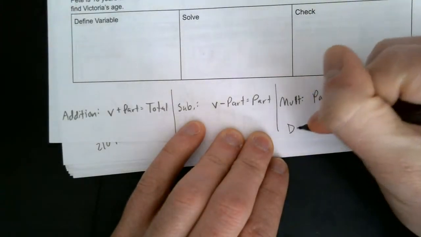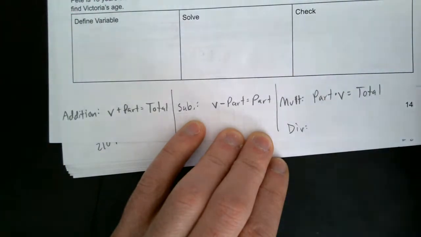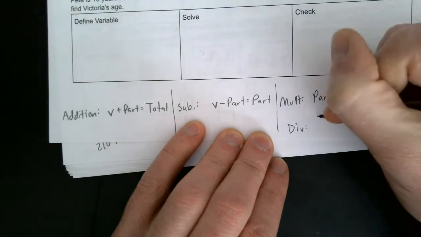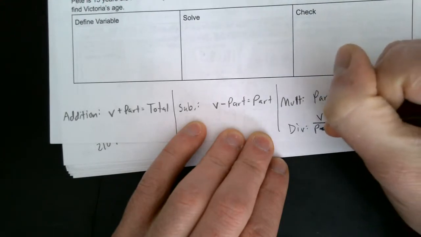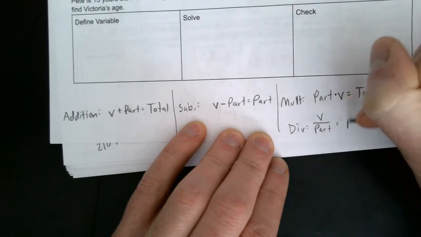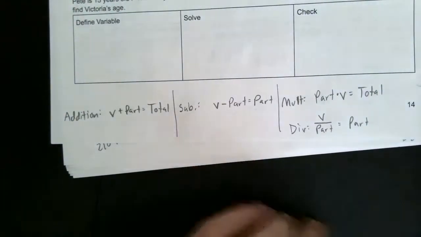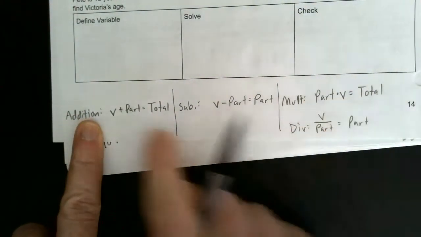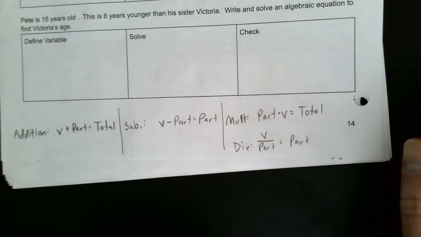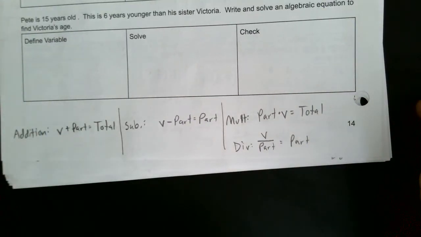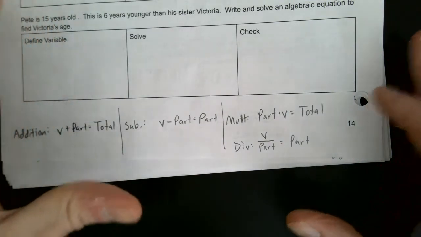And then division, what we just did, and I kind of have to squeeze this in here, is going to be the variable divided by the part equals another part. So these are just basically what these equations will look like for each type of equation. So what we're going to do right now is try one out for each type, but it won't tell us right away what type of equation we need. That's why I'm going to help you set these up here.